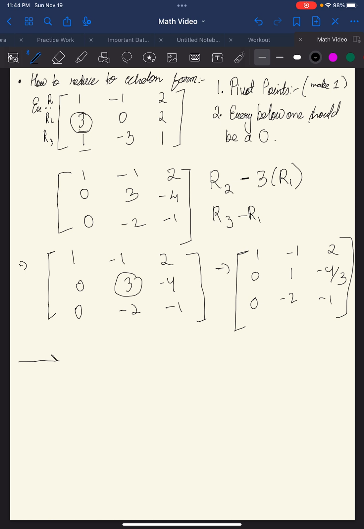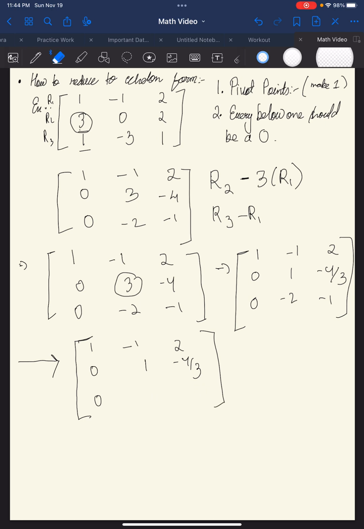Now the second important step was to get the entry below the pivot point, which is now 1, as 0. How can we do that?